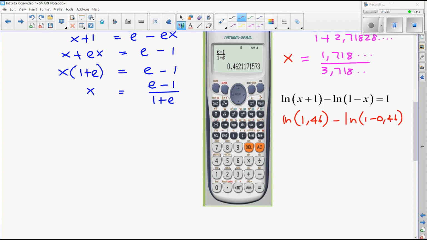I'm just looking at the left-hand side of my equation. And so I can say that x equals e minus 1 over 1 plus e is a valid solution, as in both cases here, I have ln of a positive value in both the terms.